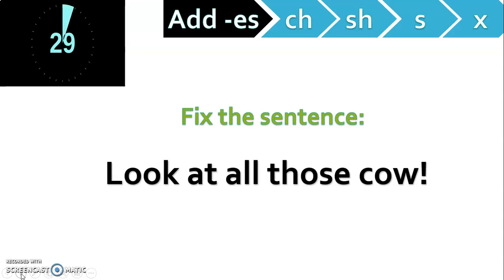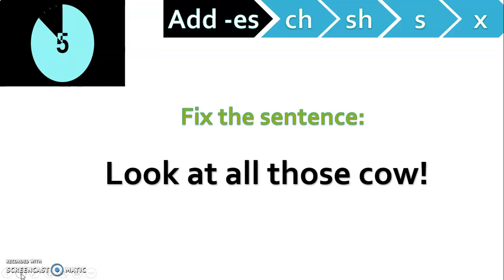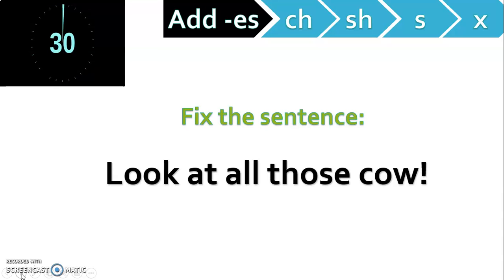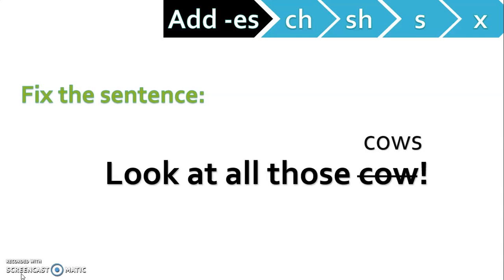But sometimes it just depends on what the writer wants to say. Okay, try this one. Okay, look at all those cow. Okay, so what needs to change is cow.